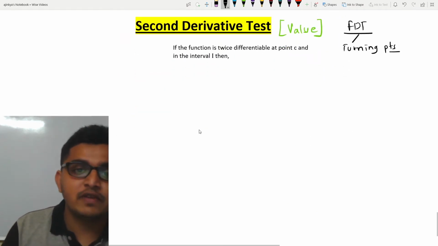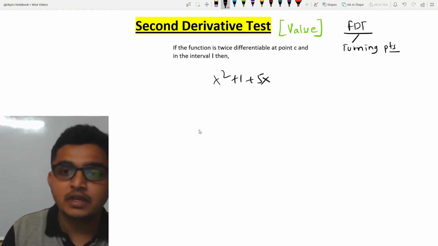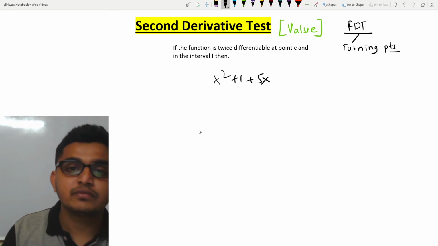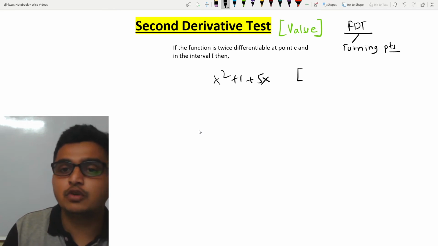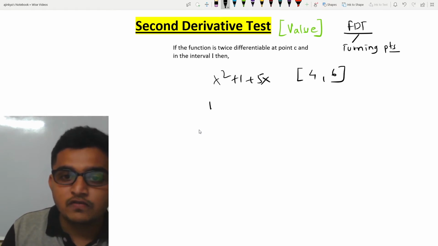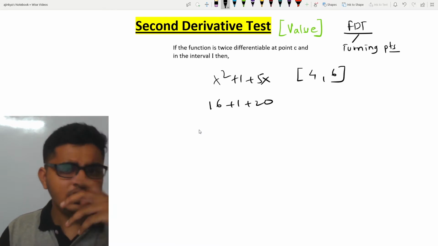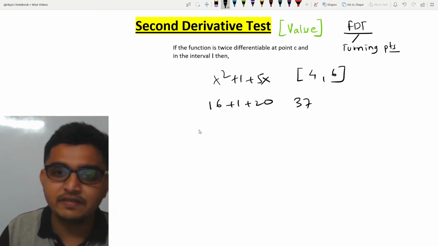So for example, if I take x square plus 1 plus 5x, let's say in the domain of 4 to 6, if I take 4, then you can say 16 plus 1 plus 20, which is 36 plus 1, which is going to be 37.